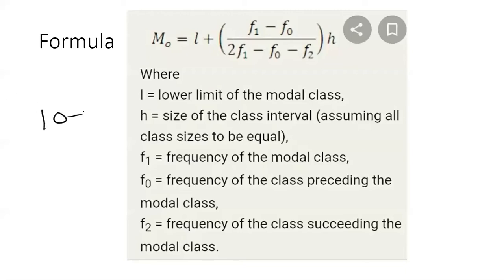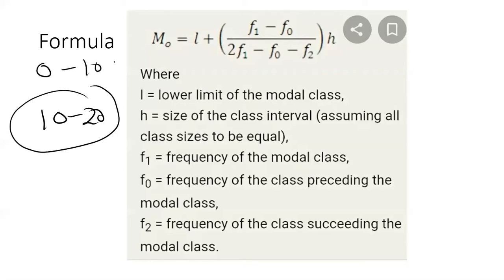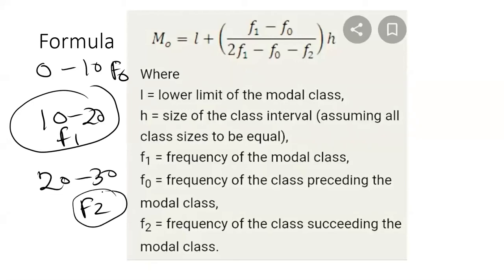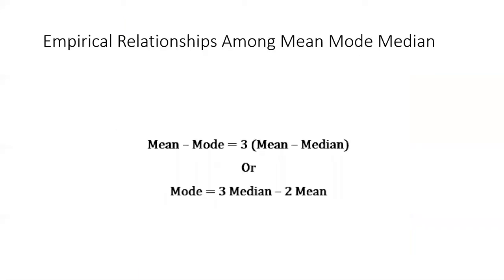Suppose here 10 to 20 is your modal class. Then you will take 0 to 10 as F0, this will be your F1, and this 20 to 30 will be your F2. Okay, I hope this is clear. And h is again the class size.